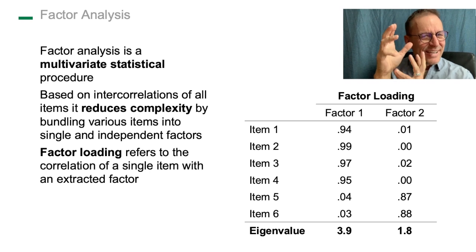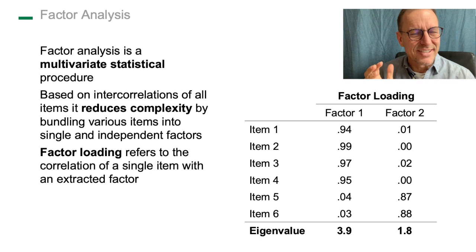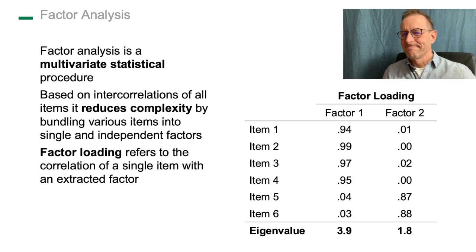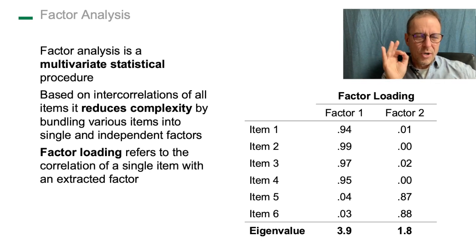That sounds a little bit like, today we would name it extraversion, right? Maybe we can put it that way. So it's also interpretation. Okay, so factor loading tells you to what extent a single item correlates with the extracted factor.